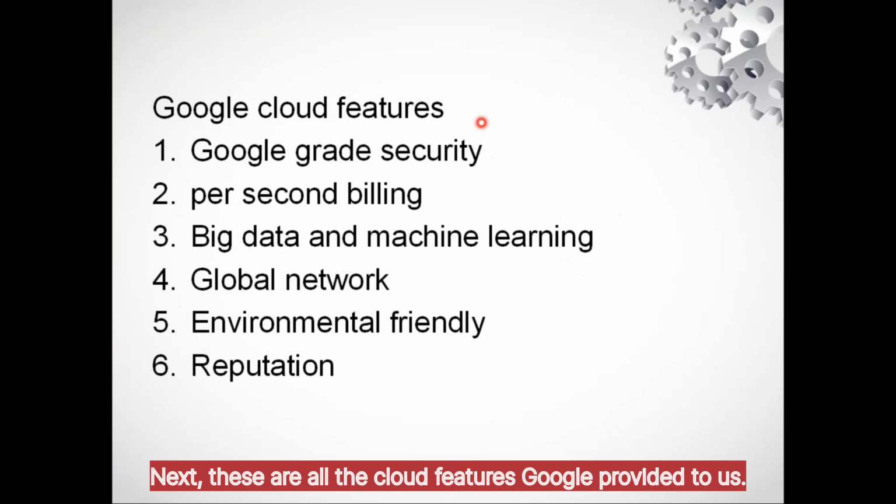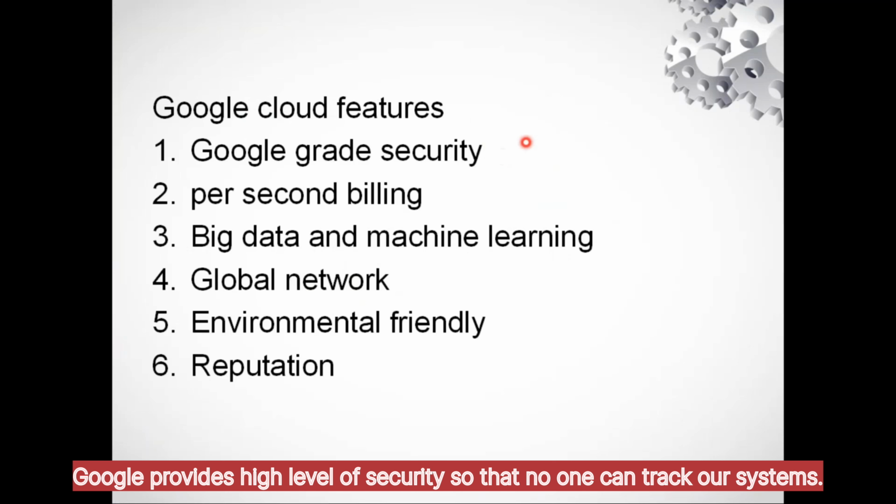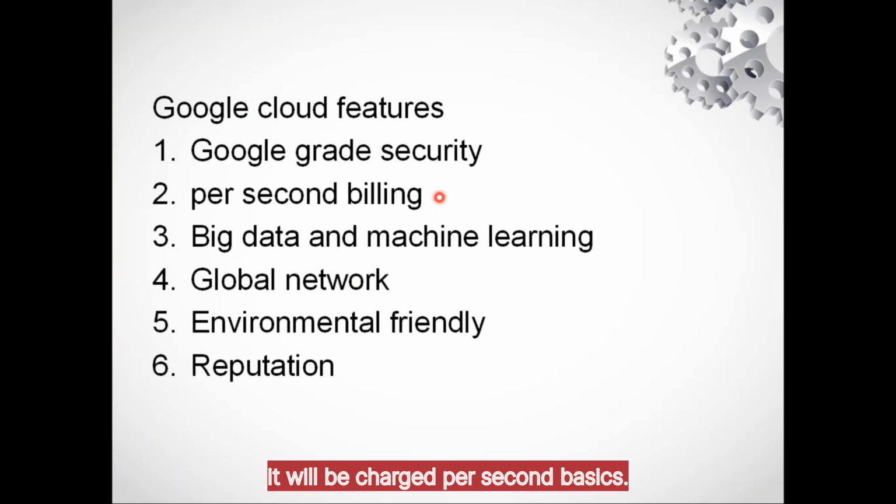Next, these are all the cloud features Google provides to us. First one is Google-grade security. Google provides a high level of security so that no one can track our systems. Next, Google charges per-second billing, whatever resources we are using will be charged on a per-second basis.